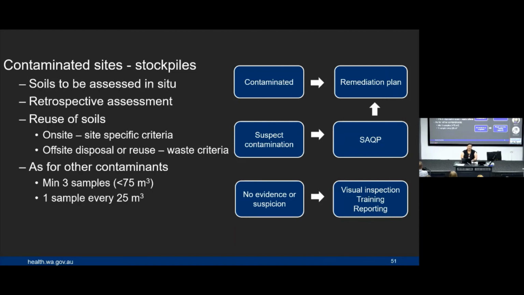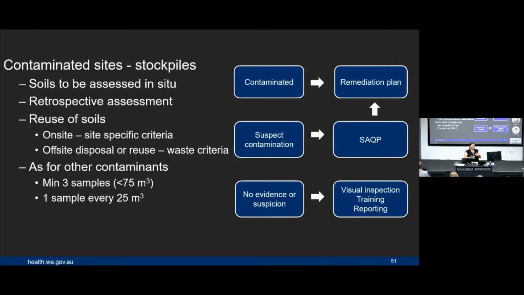If there is no evidence or suspicion of contamination, then there really is no reason to have to sample that stockpile for asbestos. Basically, the way that we would see that you would manage that is if you're on a site, you've got stockpiles, they're getting moved around.